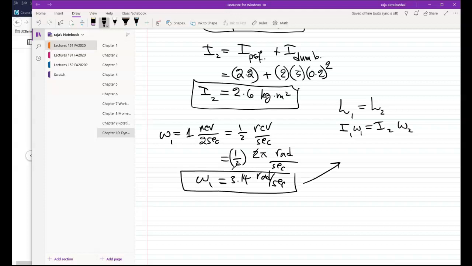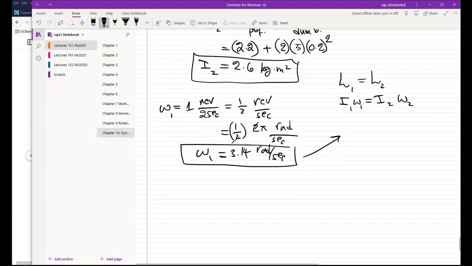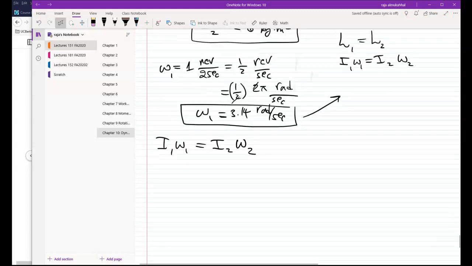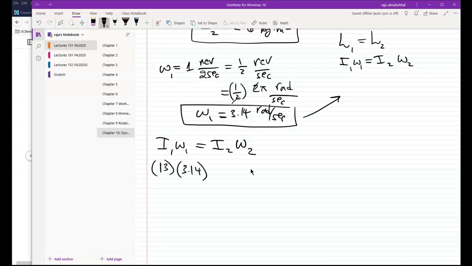All I need to do is just plug all of that in there. So in this case, I will have I1 omega 1 equals I2 omega 2. I1, I just got it right here, guys. 13, and I2 is 2.6. Just plug them in. So I have here 13. Omega 1 is 3.14 right there.